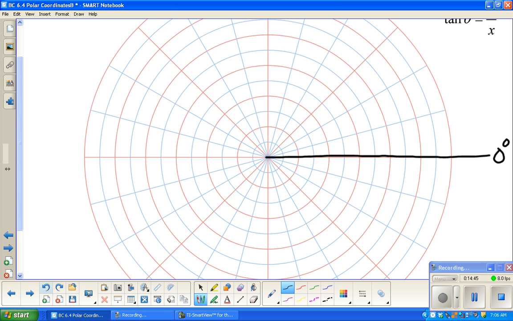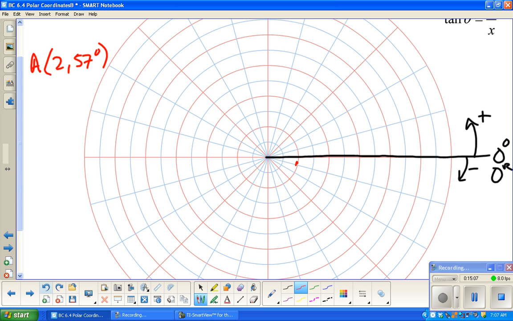This is 0 degrees, 0 radians. And again, if you're going this way, it's positive. If you're going this way, it's negative. And so this is really easy to graph on. So for instance, if I had, I'll call this A, we'll just letter them in order, let's say 2, 57 degrees.